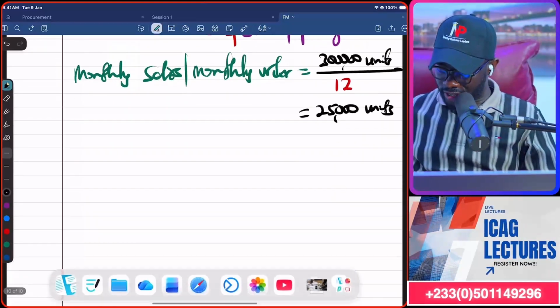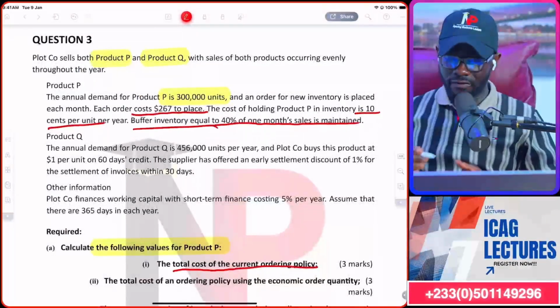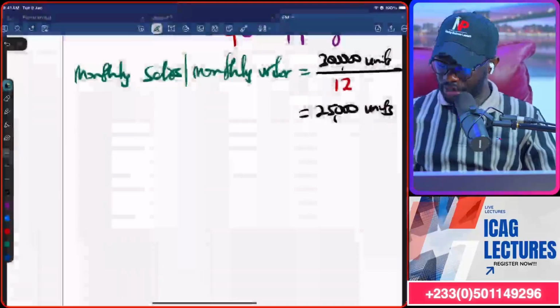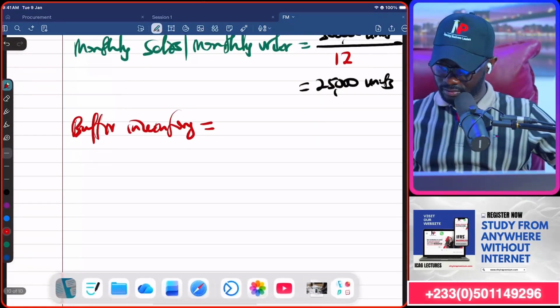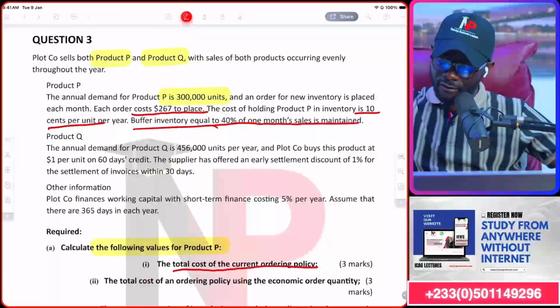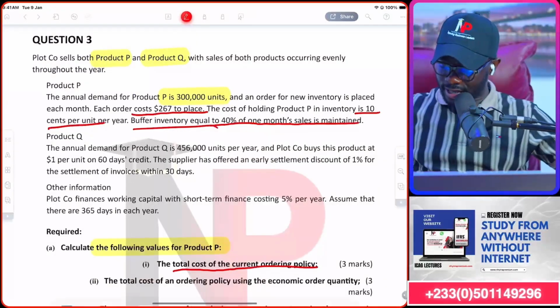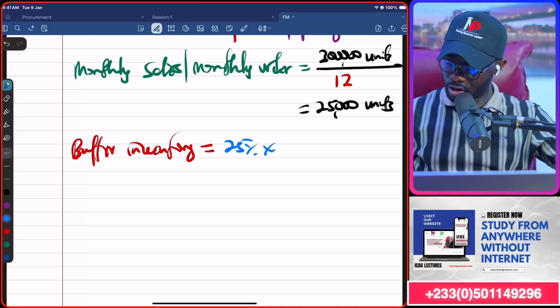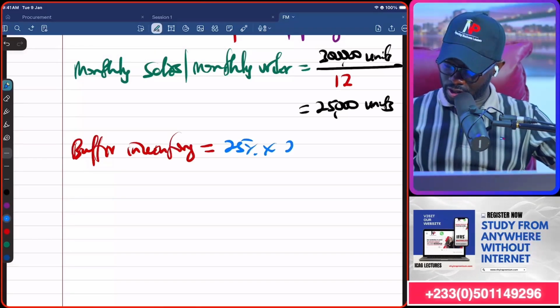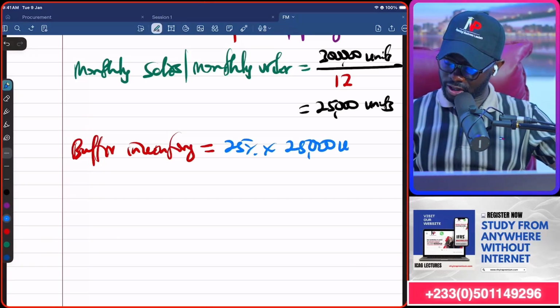Then we are told that the buffer inventory, what they must keep at all times, is 25% of 1 month's sales, which is 25,000 units.